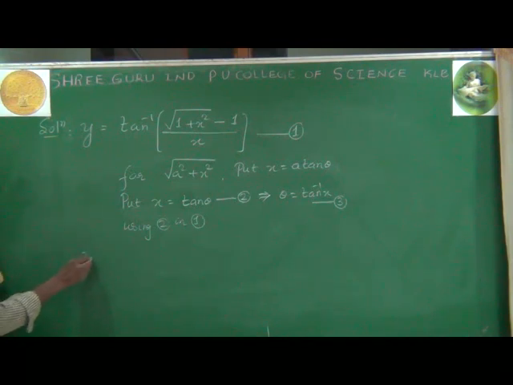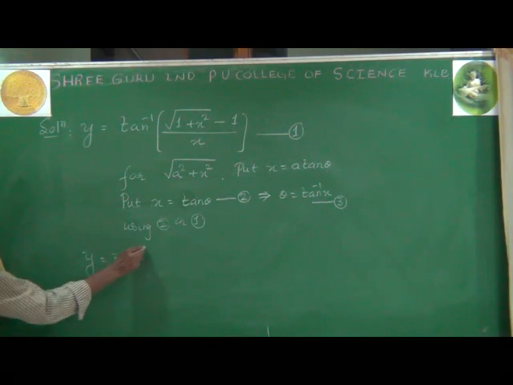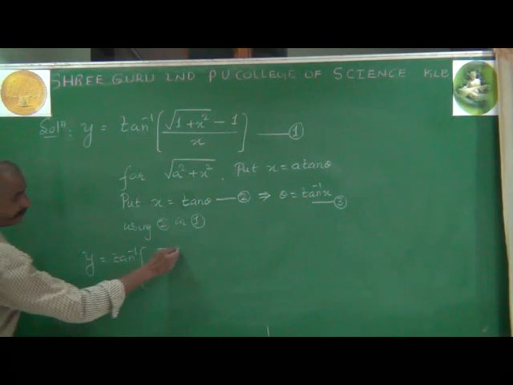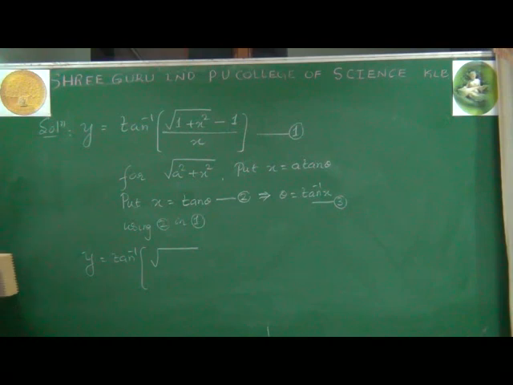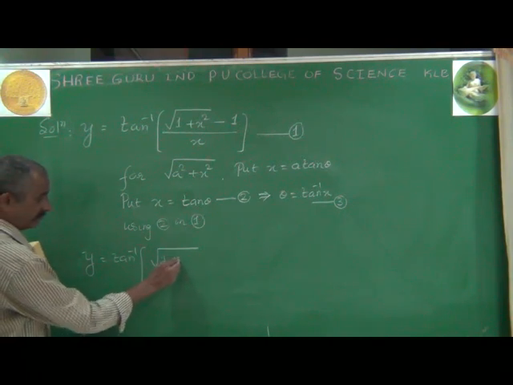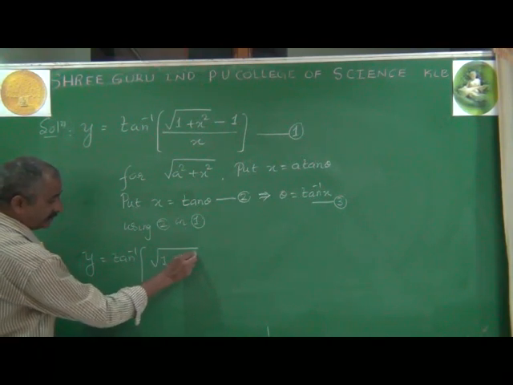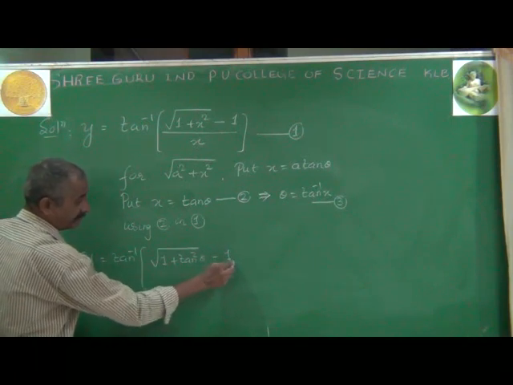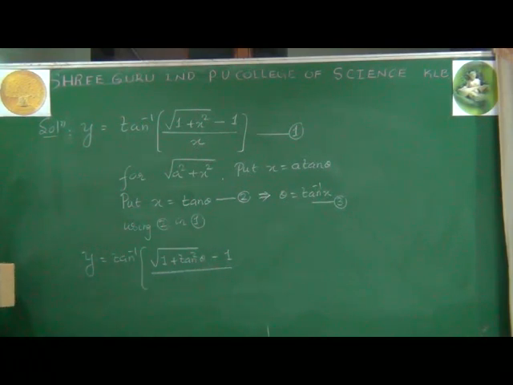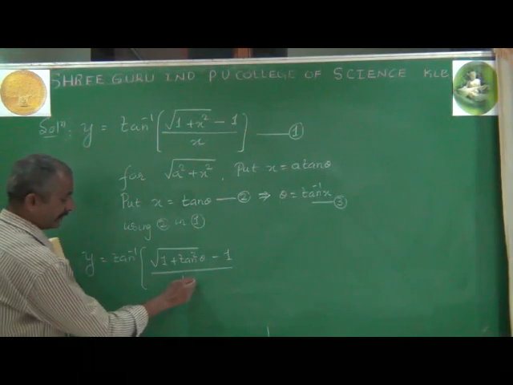Our problem y becomes tan inverse of square root of 1 plus x square, which will become tan square theta, minus 1 remains the same, divided by x, meaning tan theta.